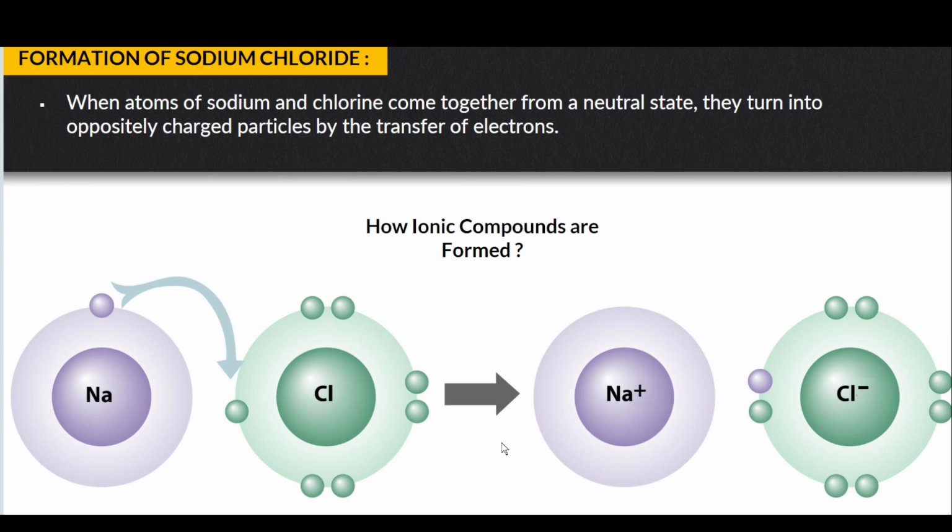So they turn into oppositely charged particles by transfer of electron. We have seen sodium transferred its one electron, and it loses it, and chlorine gains it, and that's how sodium becomes positive because it is losing negative, and chlorine becomes negative because it is gaining negative, right? So one becomes positive and the other becomes negative, and these charged particles are called ions.